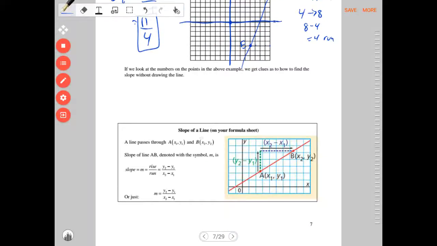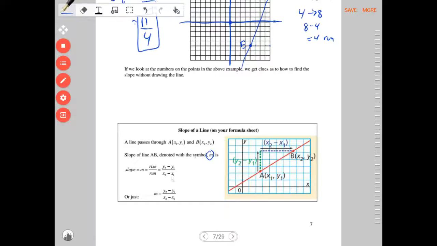So the slope of the line, and this is on your formula sheet: if the line passes through point A, which is x1, y1, and B, x2, y2, the slope of the line AB is denoted with the symbol M, so we're going to use M for slope. Slope equals M equals rise over run, and we take the 2 y coordinates and subtract them, and divide by the 2 x coordinates subtracted.